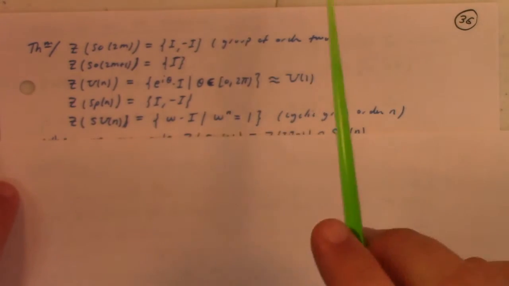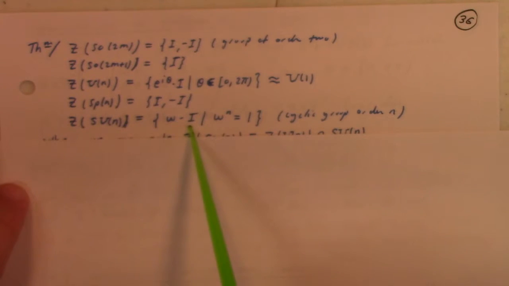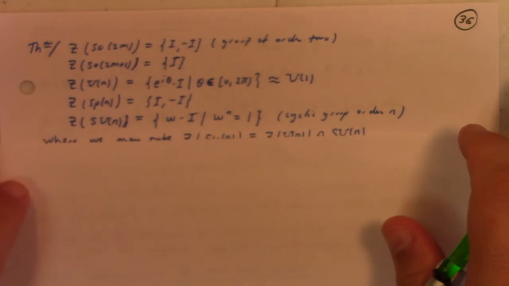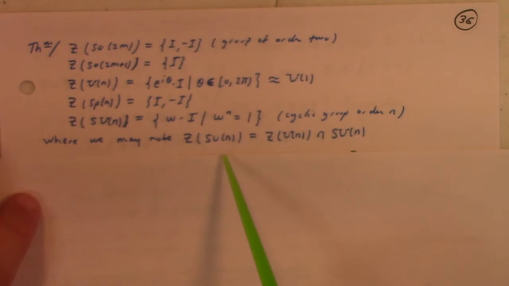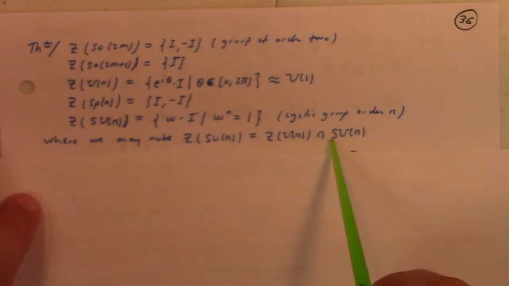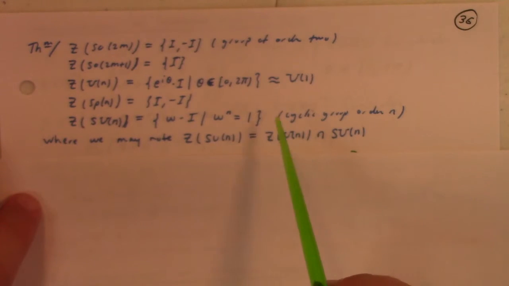The center of the special unitary group of order n is a little bit more interesting. It's the cyclic group of order n. All right. Again, you can note that the center of SU(n) is the center of U(n) intersected with SU(n) itself.